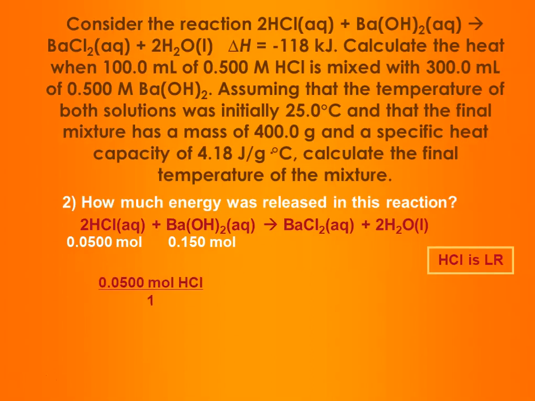So if I have my moles of hydrochloric acid, I can relate that to my enthalpy change for HCl, that 118 kilojoules was released for 2 moles of hydrochloric acid. And that helps me see that actually 2.95 kilojoules of energy was released based on the amounts of reactants that I had present.